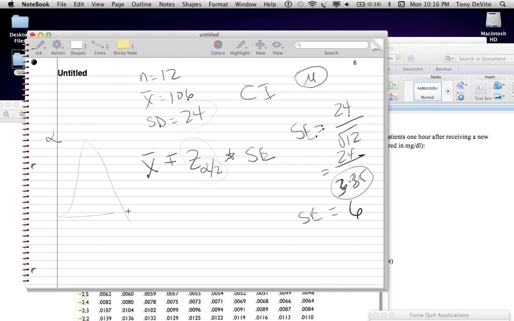If I decided to go out 3 standard deviations instead of 2, then the probability that the true population mean would be outside of that range shrinks just as that area outside the curve shrinks. Then it would only be about a tenth of a percent here and about a tenth of a percent there. It's going to be a much smaller level of error. If I went out 4 standard deviations on either side, there'd be almost no error. But my confidence interval would be so wide that the data might not even really be that useful to me.